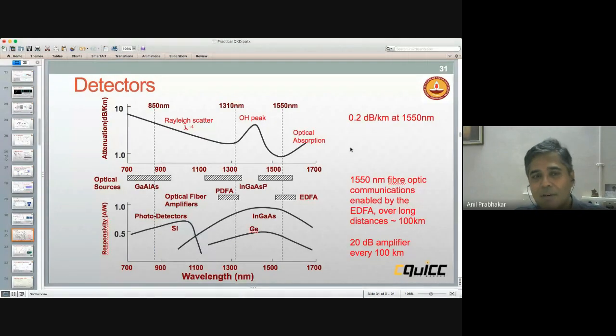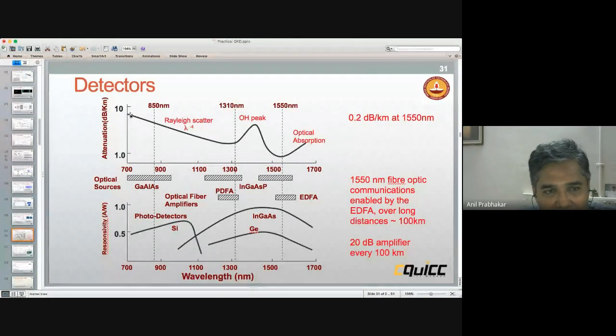And I'm going to now take you back a little bit to classical optics for you to understand what our limitations on technology are. See, on the top out here is a graph, and we'll talk a little more about this graph, but this is a graph of the attenuation of light in silica fiber at different wavelengths.